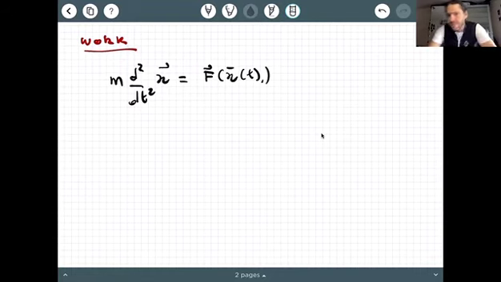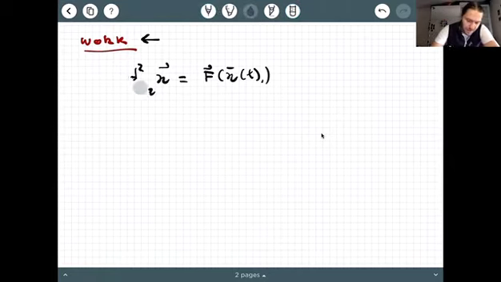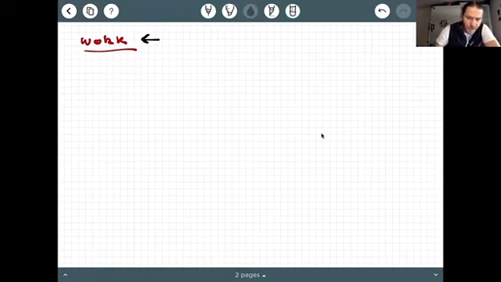Even simple problems involve heavy math. But if you introduce the concept of work, you get some information almost for free. And what kind of information do you get for free? Well, to see that, we introduce a second concept, that is the concept of kinetic energy.